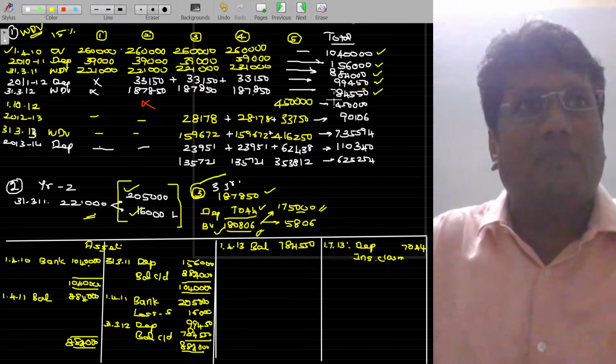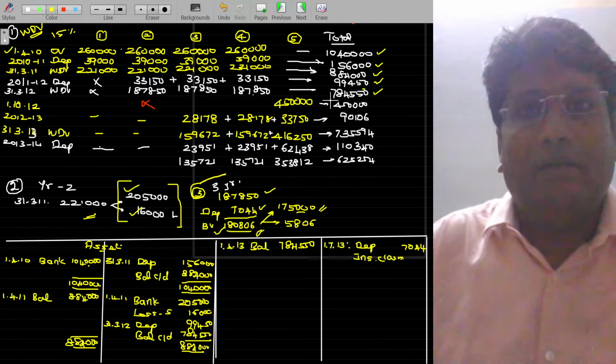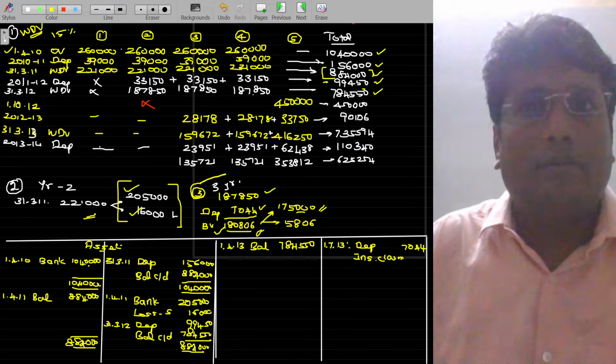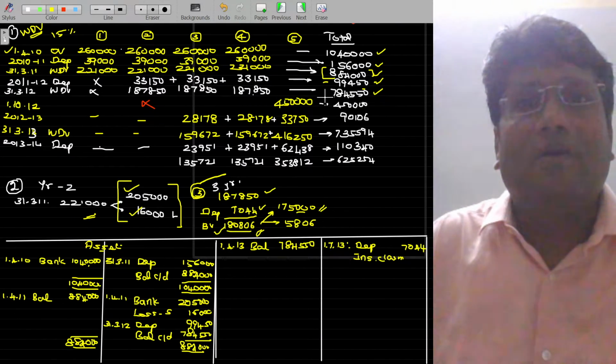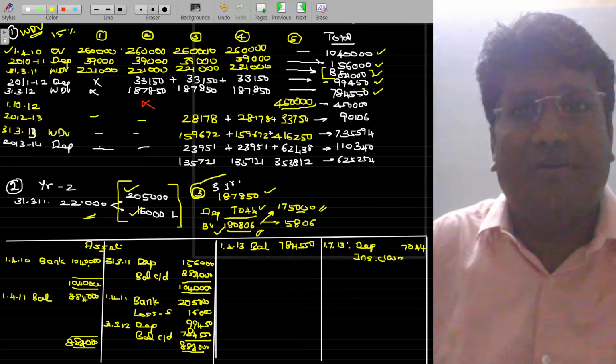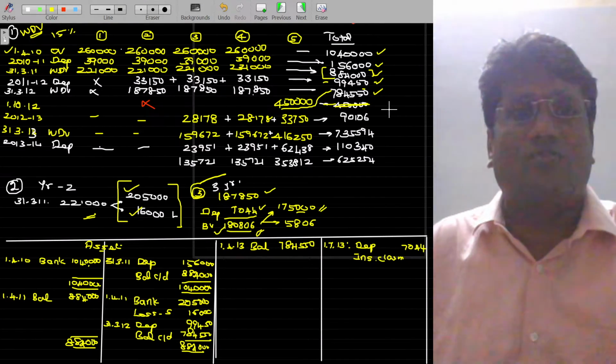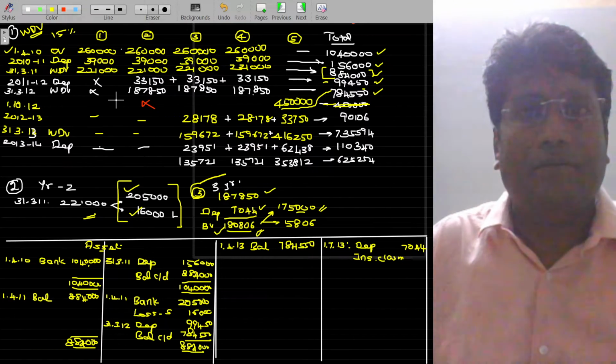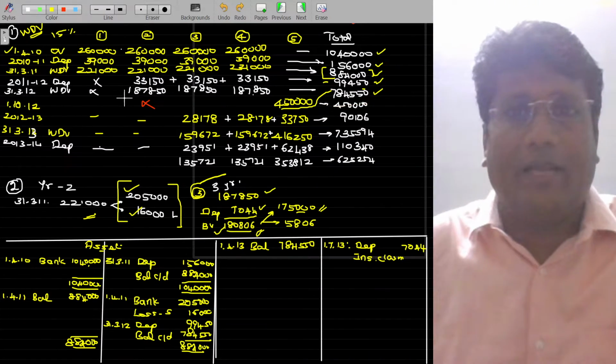This balance, wait. 8 lakhs 84,000 minus 99,450. Okay. Then add 450. Now we'll get this balance, right? Once again I'll correct here.